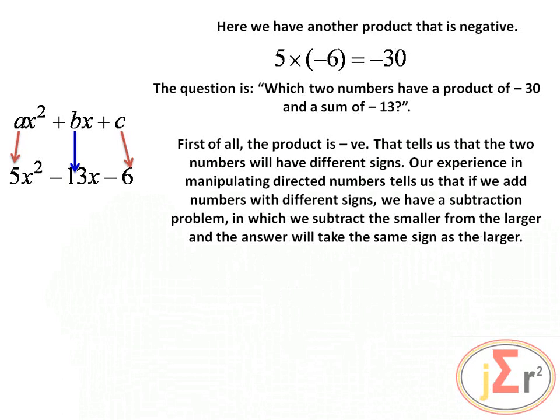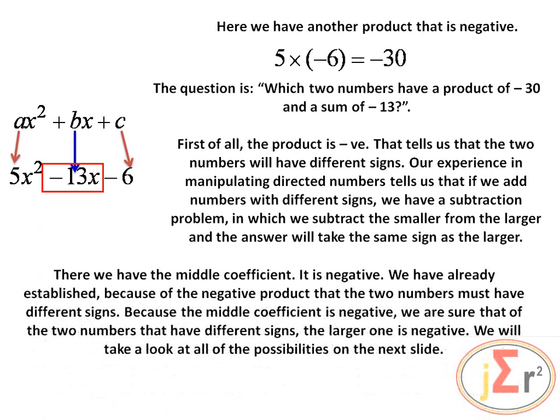Our experience in manipulating directed numbers tells us that if we add numbers with different signs, we have a subtraction problem in which we subtract the smaller from the larger, and the answer will take the same sign as the larger. There we have the middle coefficient. It is negative.